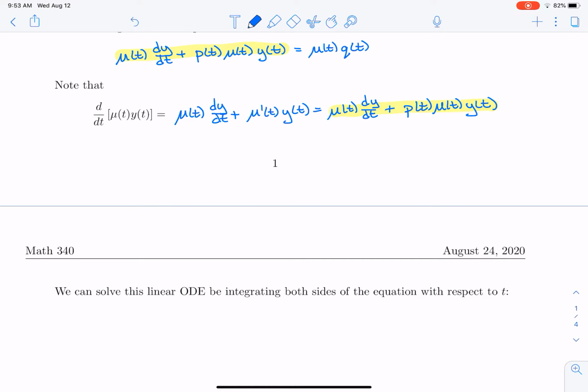So we can rewrite our differential equation as d/dt of mu(t) y(t), because that's truly what is on the left-hand side, is equal to mu(t) q(t).